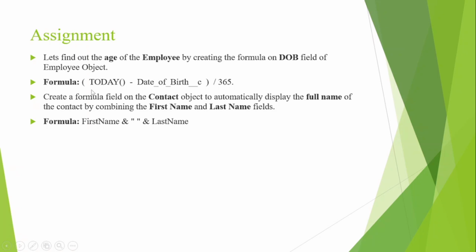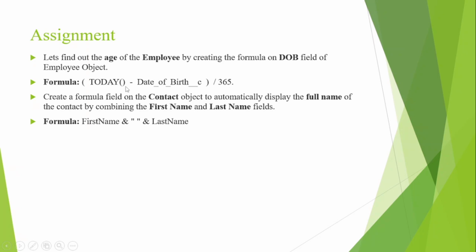In the formula, what do we have to write? We need to write the TODAY function, all in capital letters, and this is a function. We are subtracting the date of birth, which may be DOB, and this is the custom field of the employee object.